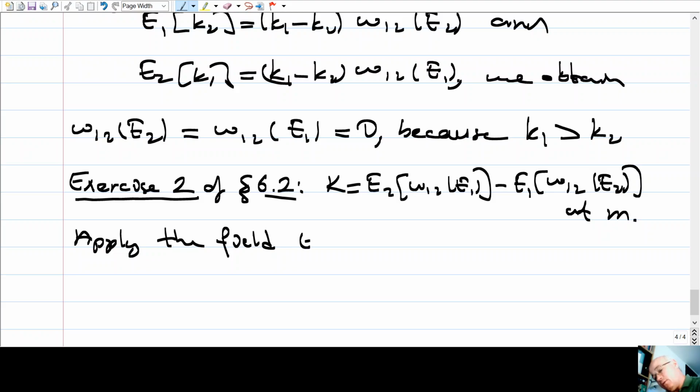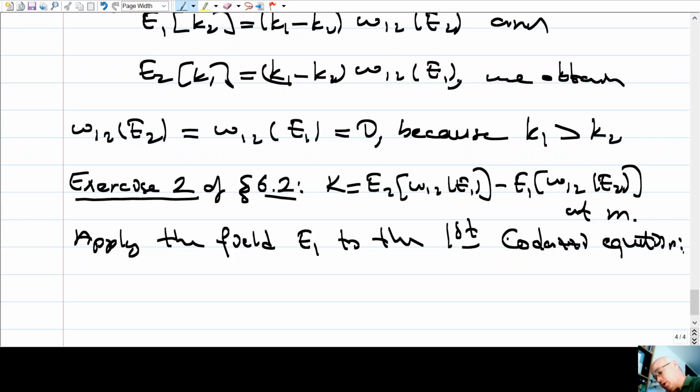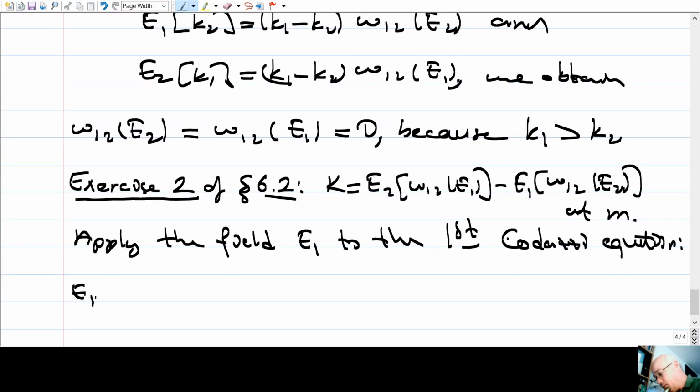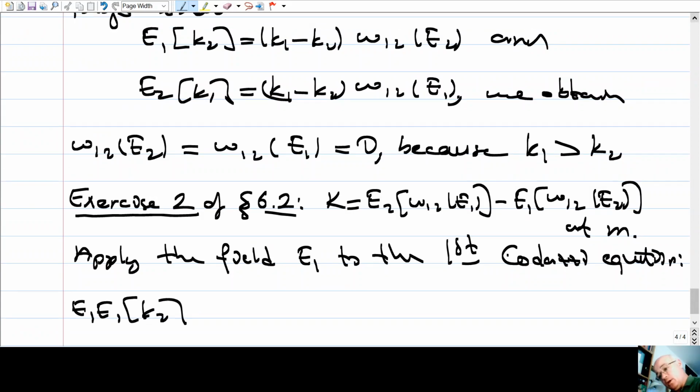Apply the field E1 to both sides, and I get E1 of E1 of K2 equal to E1 of this.